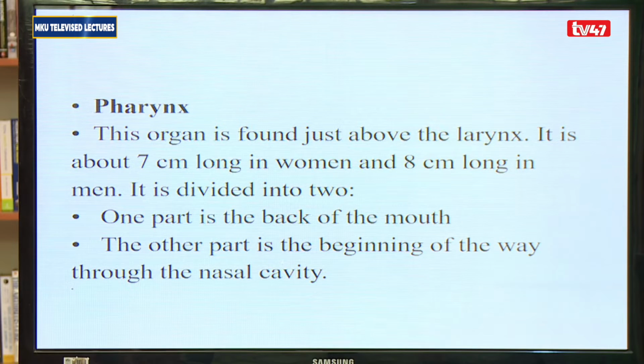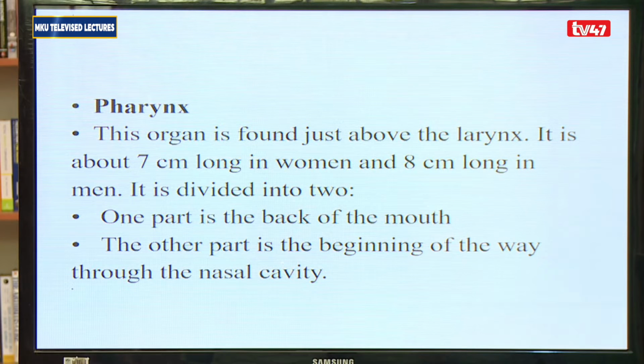We have the pharynx. This is an organ that is just above the larynx, and it's about 7 centimeters long, interestingly, for women, and 8 centimeters long for men.